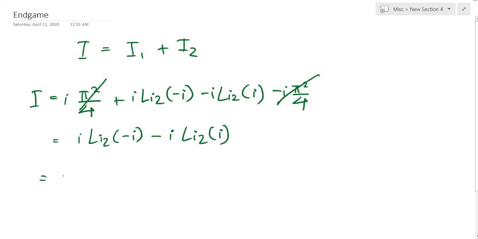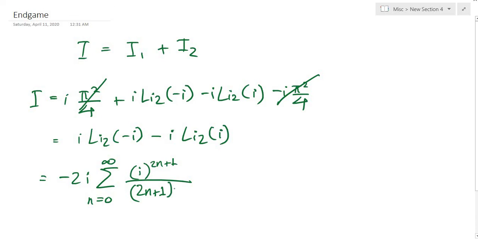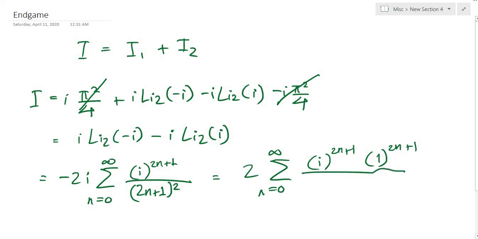Now just for the sake of simplification, if we were to write it in the form of our f of x, we will have negative 2i times the sum from n equals 0 to infinity of i times the quantity i to the 2n plus 1, divided by 2n plus 1, the whole thing squared, which on simplification will be 2 times the sum from n equals 0 to infinity of... I basically took the negative i in the denominator.